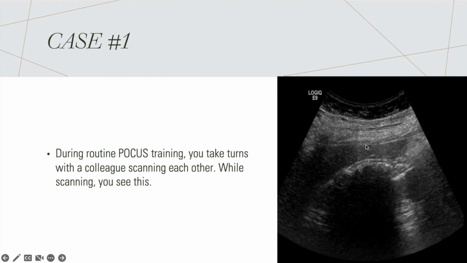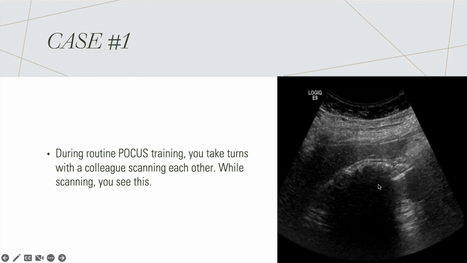So here we do see a hyperechoic structure here, as well as we see some hyperechoic rims within the wall here, and it's hard to really make out the rest of the structure, as there seems to be shadowing cast on this entire structure here.